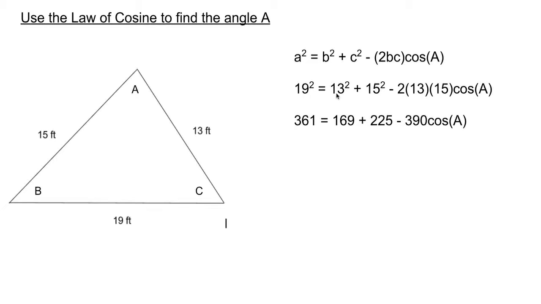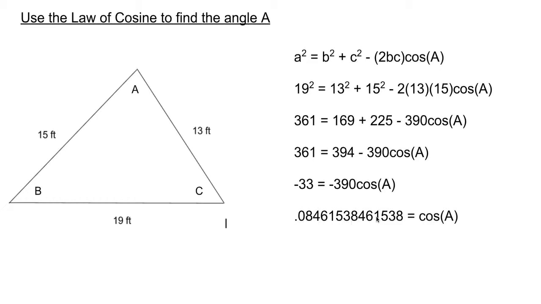That equals 13 squared, 169, plus 225, minus 390 cosine of A. Now if you go even further, you get 361 equals 394 minus 390 cosine of A. Now if you subtract 394 from both sides, you get negative 33 equals negative 390 cosine of A.